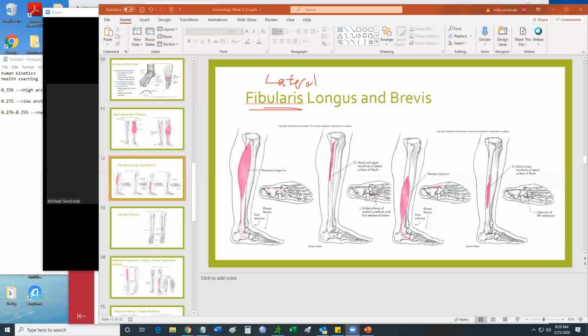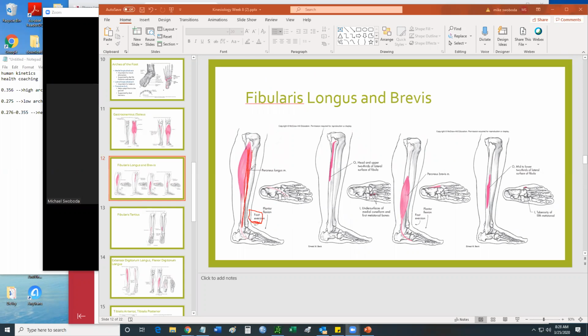If it's lateral, it means it moves your foot towards your pinky side. So the major thing that fibularis does is this right here, foot eversion. It does help plantar flexion a little bit, but its primary role is foot eversion.